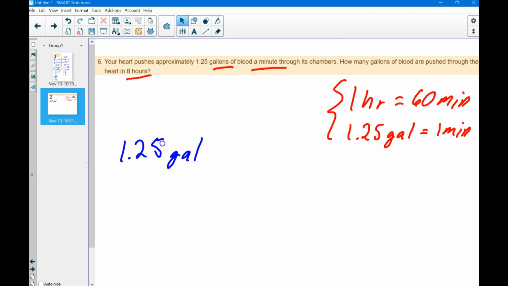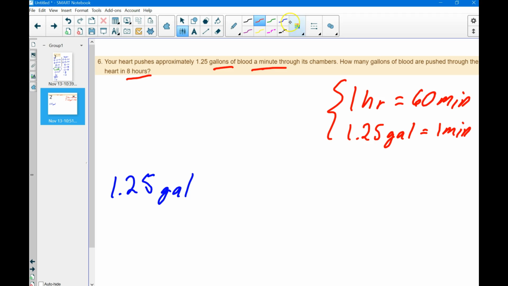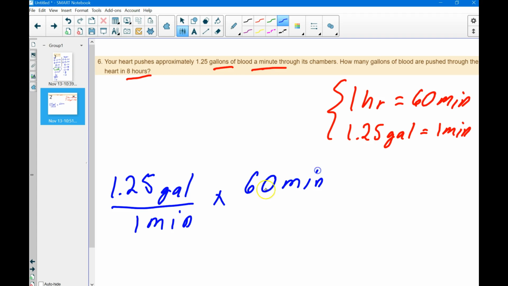Well, let's just start like this. This is going to be 1.25 gallons over 1 minute. We want our answer to be in gallons, my bad. So we're going to do this times 60 minutes in 1 hour.